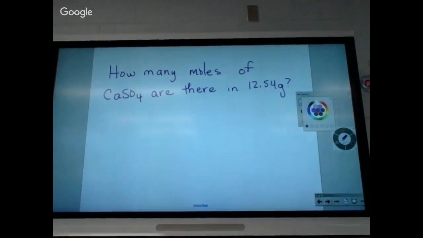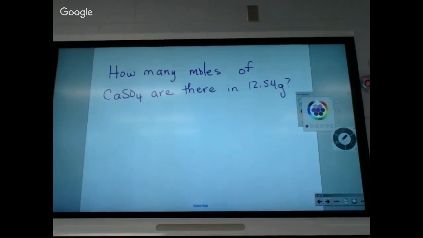Now, that question appears to be very similar, does it not? Looks very much like what we did about a week ago. There's only one difference. A week ago it was an element. Today it's a compound. That's the only difference in the question.